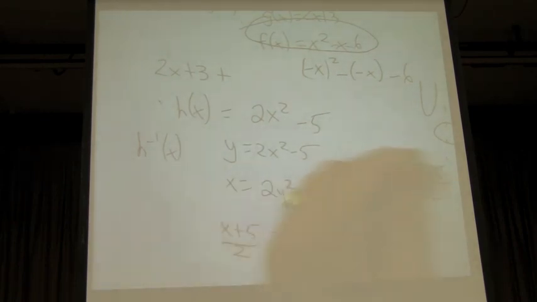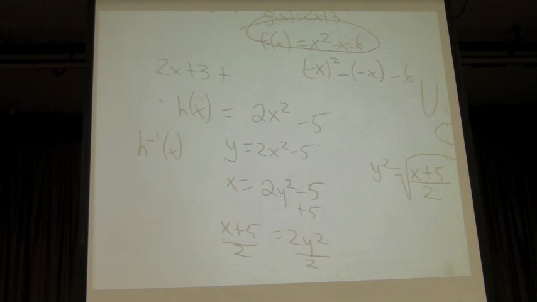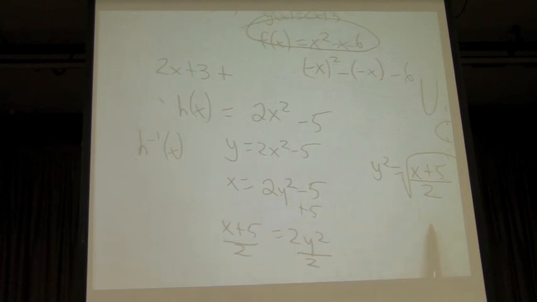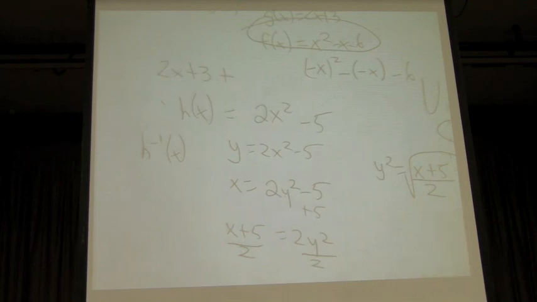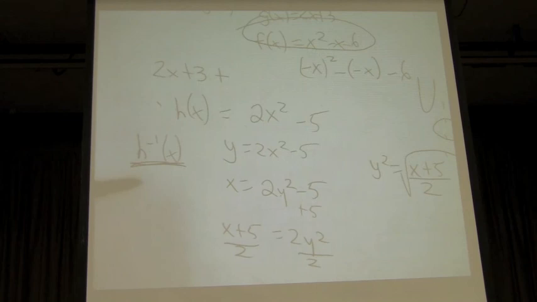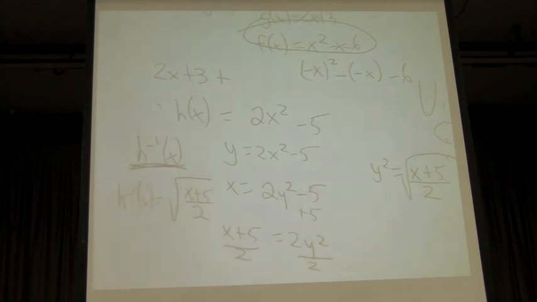And you would take the square root. You just wouldn't put plus or minus, because if you did, it wouldn't be a function. And when we give you this kind of notation, we are asking for a function. So the inverse of h of x is the square root of x plus 5 over 2. So you did the exact same thing we did on the linear problem.